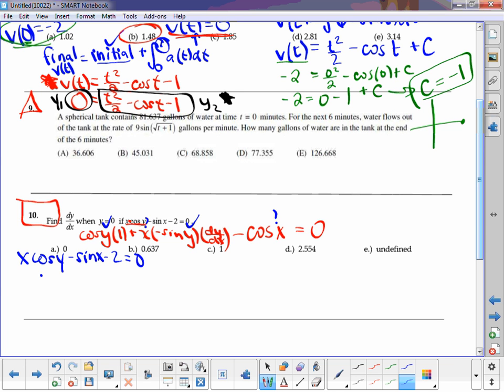So when y is 0, we have to find our x value. Alright, cosine of 0 is 1. So I get x minus sine x minus 2 equals 0. And that you're going to want to use your calculator for, and you end up getting like 2.554.